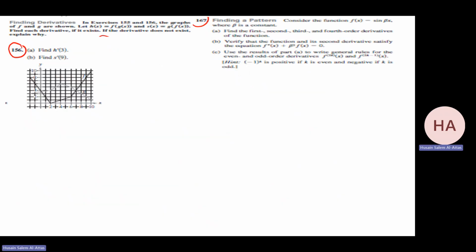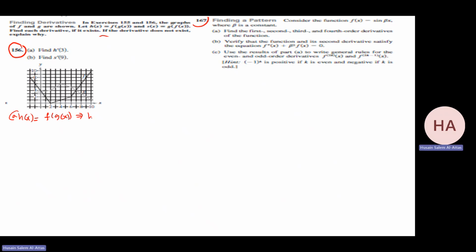Okay. Now they want us to use the graph to find the derivative. So now h of x is f of g of x.